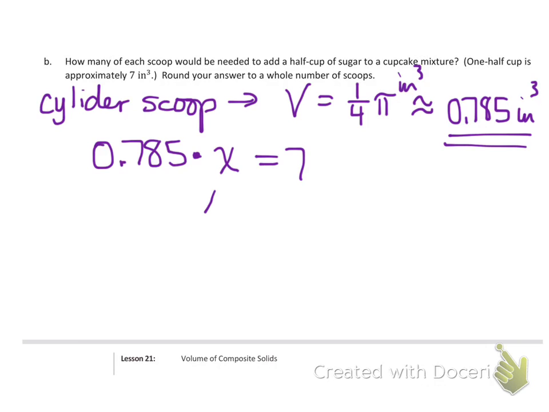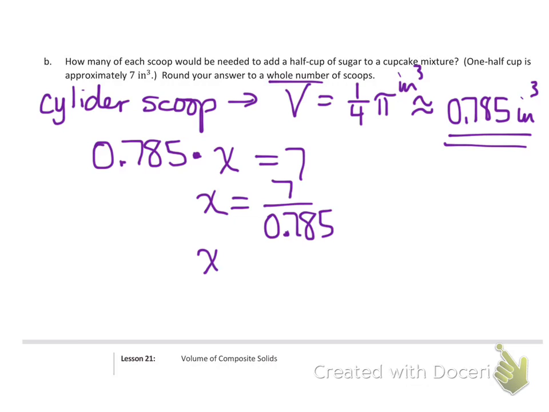So at the next step, this is going to look like x is 7 divided by 0.785. These are calculator problems, friends. So make sure you do this on your calculator. And we're rounding to the nearest whole number of scoops in there.